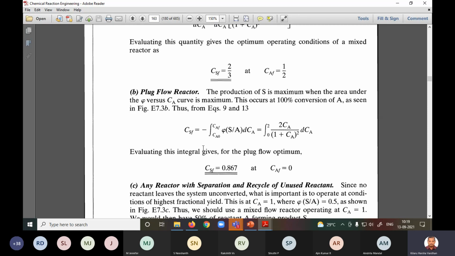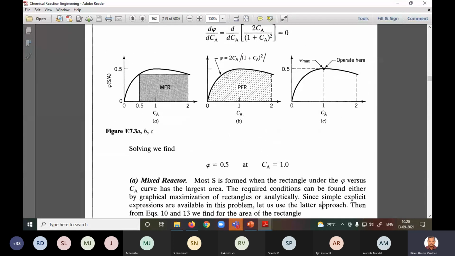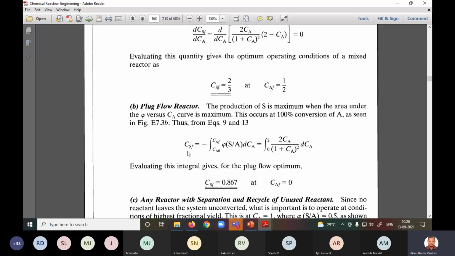If you use a plug flow reactor, again the production of S is maximum when the area under the curve of phi is maximum. That is what you are seeing here. When this particular area is maximum, then you get S maximum. So how to calculate this area under the curve? CSF is minus Ca naught to CSF, the instantaneous yield into dCA.